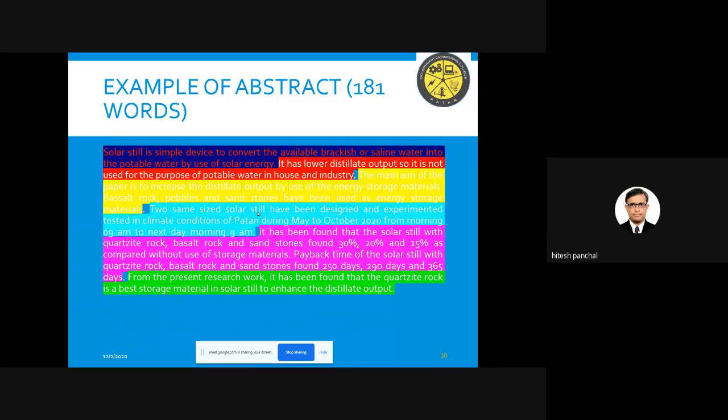In the first two lines you can see: the solar still is a simple device to convert available brackish or saline water into potable water by use of solar energy. It is the current state, a brief introduction. That means the editor-in-chief and reviewer can easily understand that your paper is based on solar still. Now you can see it has a lower distillate output, so it is not used for the purpose of potable water in house and industry.